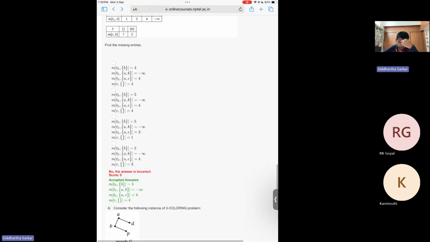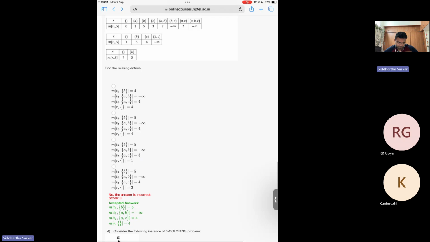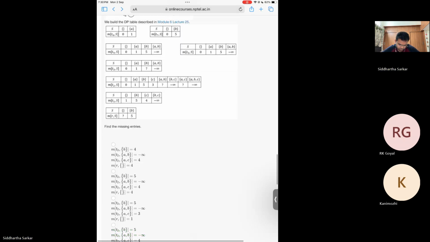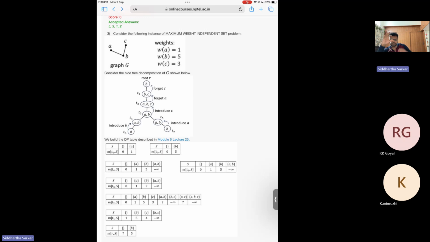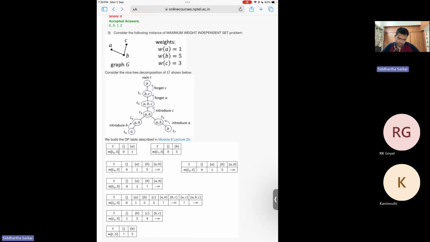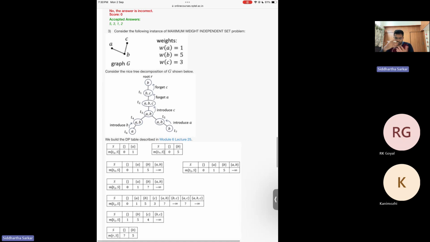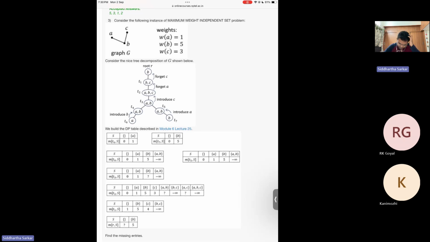A better utilization of time would be to look at computing, because we have disassembled the pieces of this maximum weight independent set problem in terms of the nice tree decomposition. We should better analyze the other three nodes, the forget node, the introduce node, and the leaf node, and how we can fill these entries.